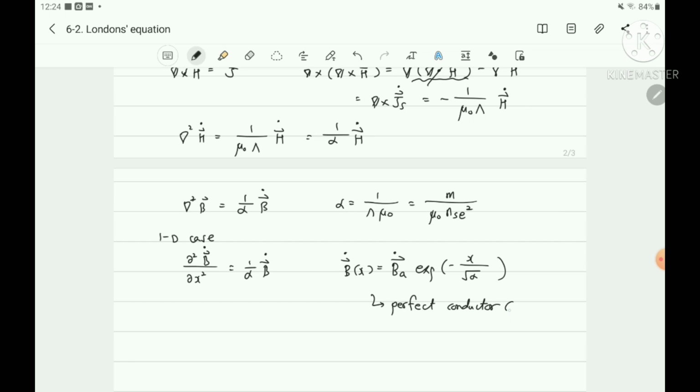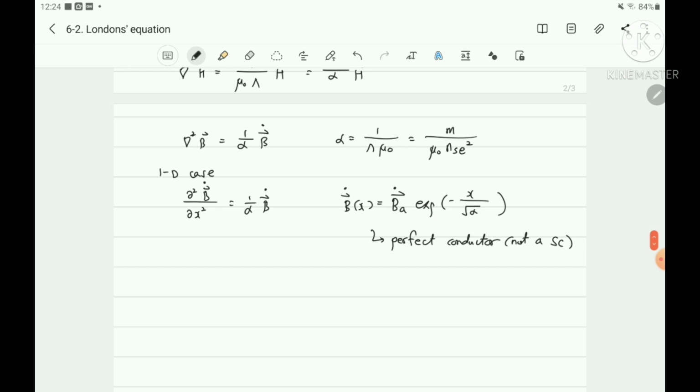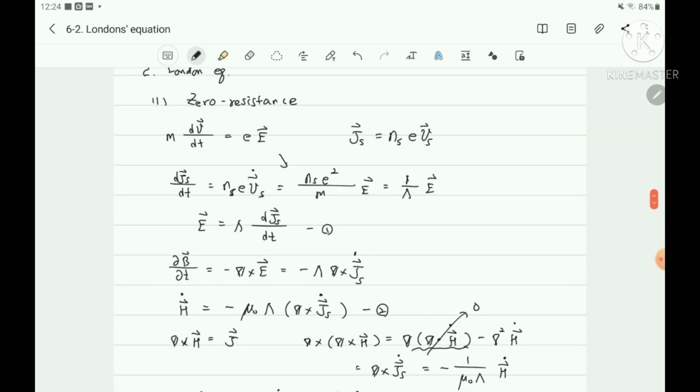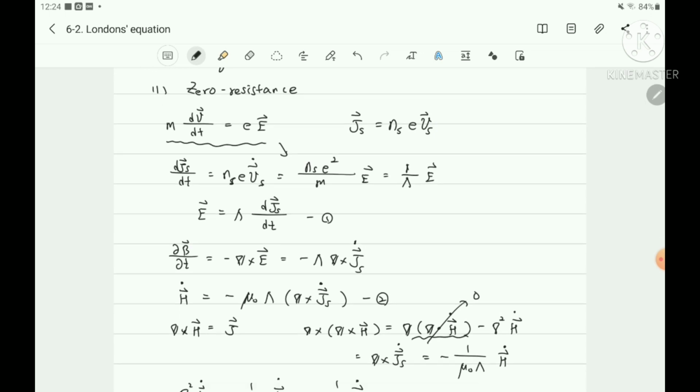Perfect conductors do not consider the retarding or drag force, and just use this equation of motion.